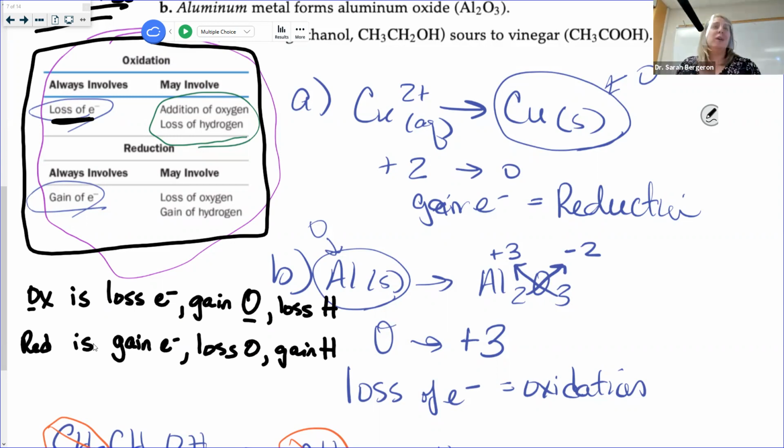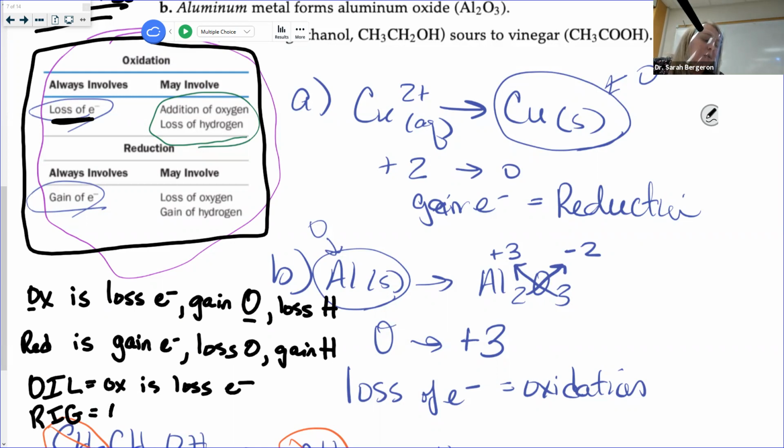You're looking for one of these three characteristics in order to classify a reaction as an oxidation reaction or a reduction reaction. I have a little mnemonic for you to remember the electron part. Have you heard this before? Oil rig. So this tells me oxidation is loss of electrons.